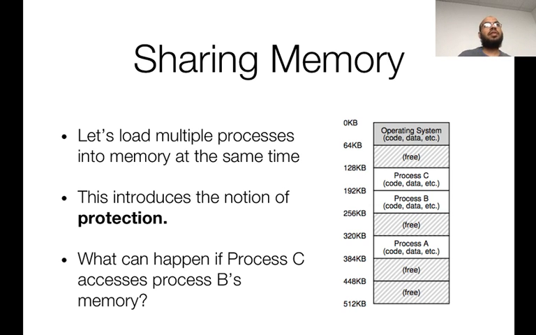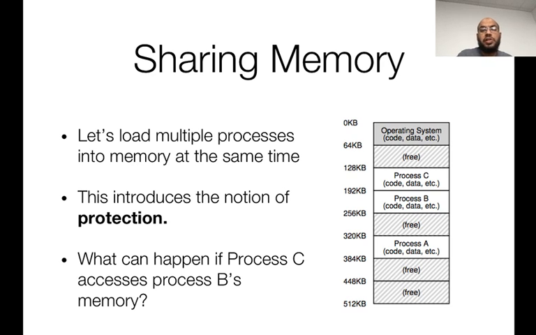This memory can be sensitive data, like your password, but it can also corrupt other processes. If process B is able to access memory of process C, it can corrupt process C, even non-intentionally.